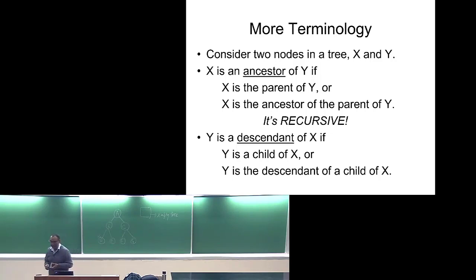Y is the descendant of the child of X, right? So descendant of child of X. D is the descendant of a child of A, yes, kind of, right? The same thing, but we are looking at it from a different angle, the descendant point of view.